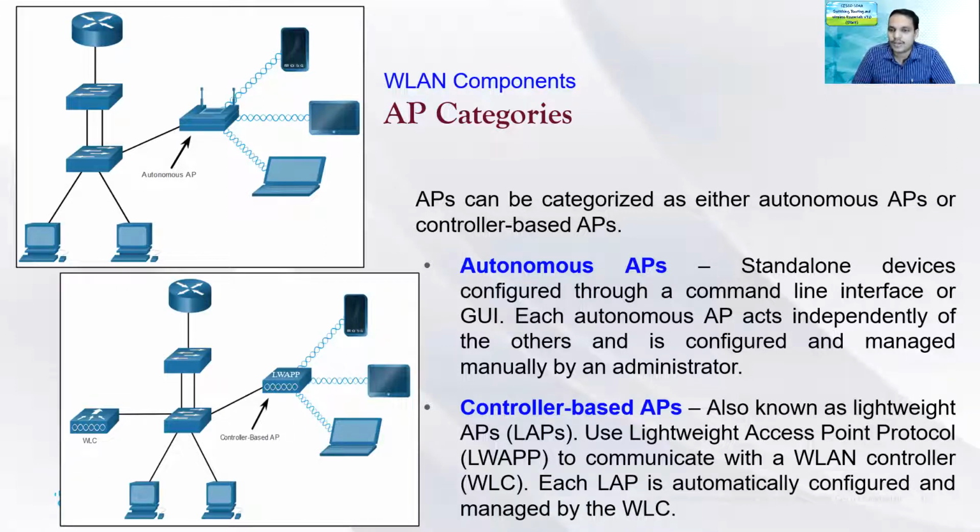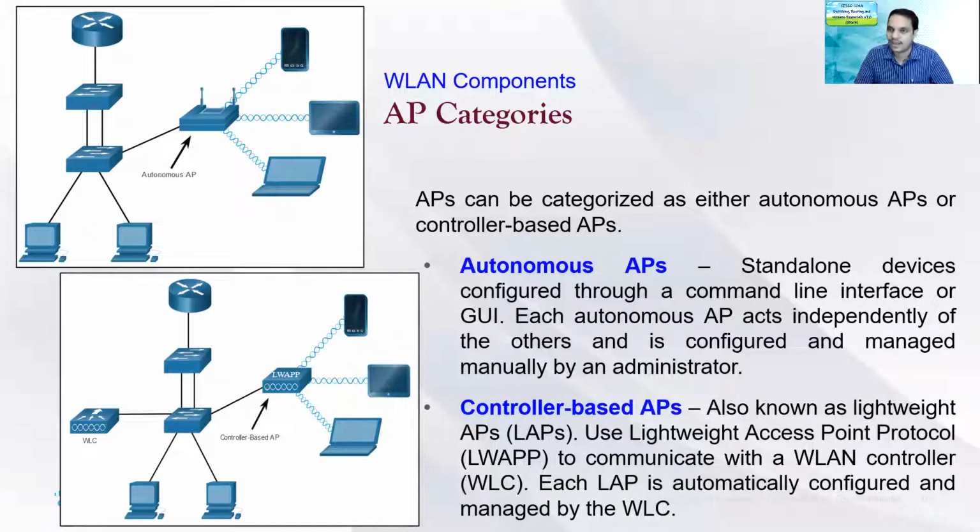They use the Lightweight Access Point Protocol, LWAPP, to communicate with a WLAN controller, or WLC. From here onwards, we will call it the WLC, WLAN controller. Each LAP is automatically configured and managed by the WLC. Here, the administrator need not manually configure each and every access point. These are called controller-based APs. The other ones are called autonomous APs. These are standalone devices.